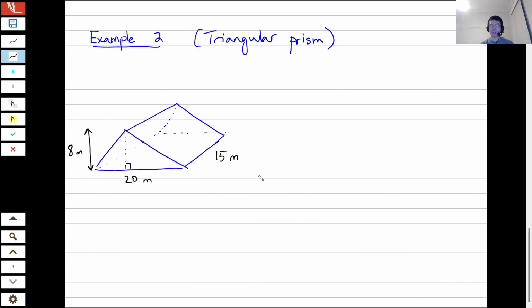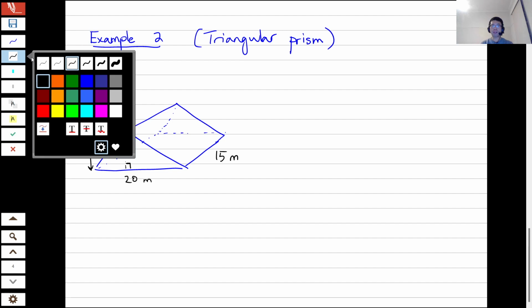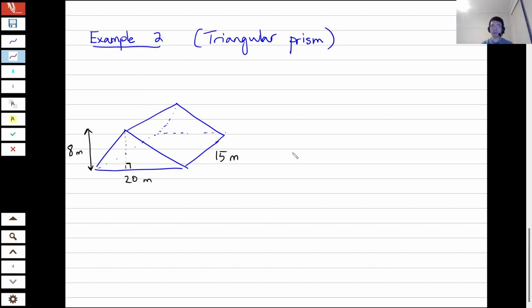Okay, next example. And this is the final example. So here I've got a triangular prism with a height or a depth of 15. And the area of my triangle is going to be given by half times the base length of the triangle times the height of the triangle.